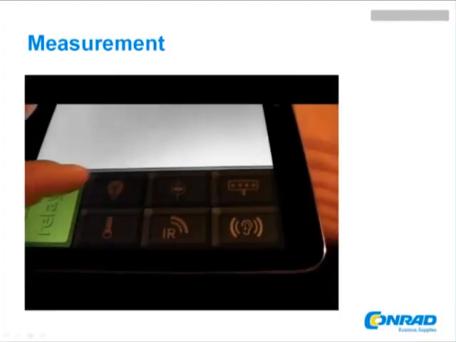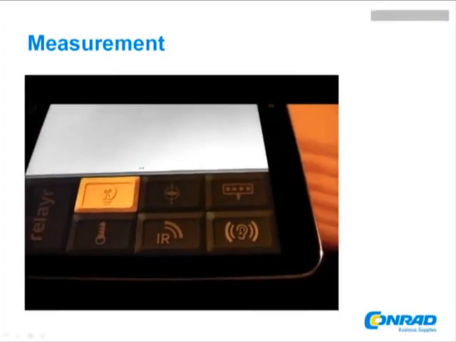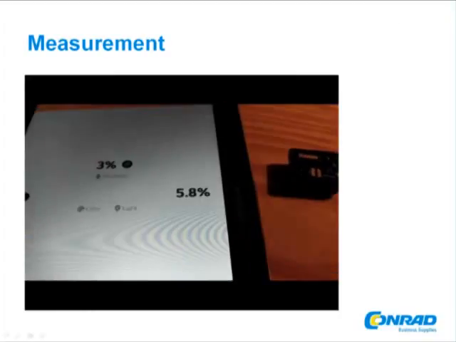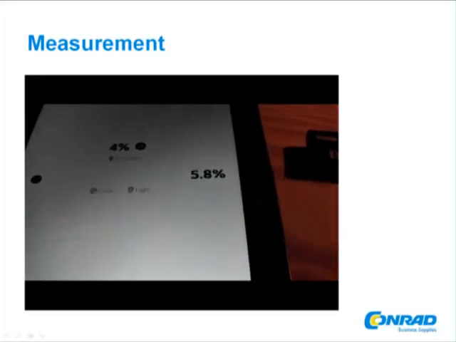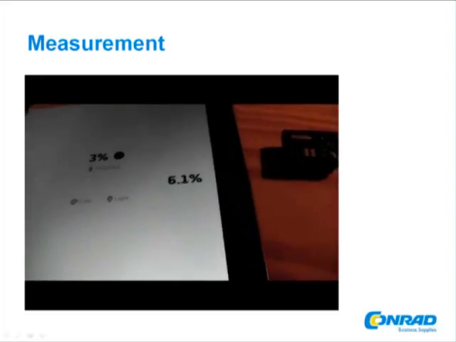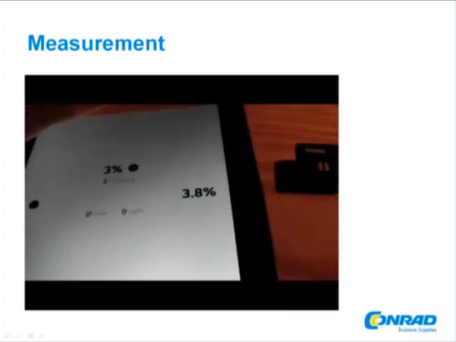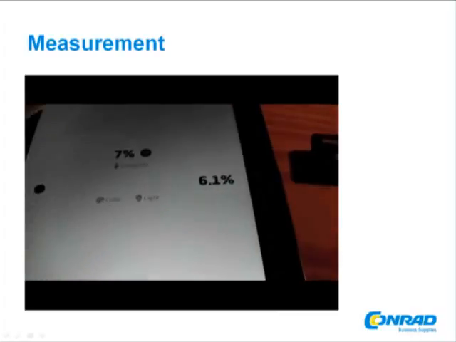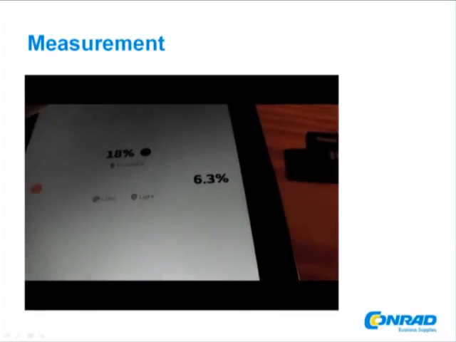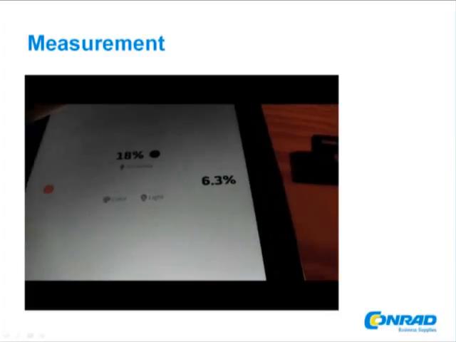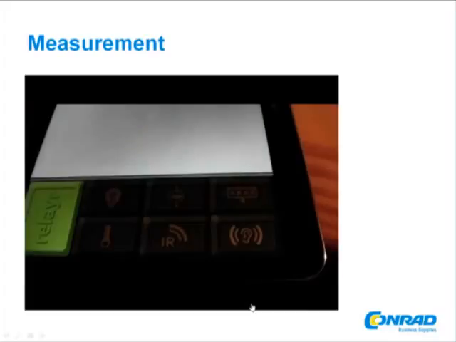What we can see here is the light sensor, and you will see here the proximity sensor with 3% right now. If you touch it with the finger, then a flashlight arises and starts. And also we see here the percentage of light measured. There's also color detection. We see here this orange color is detected. So three things in one sensor.